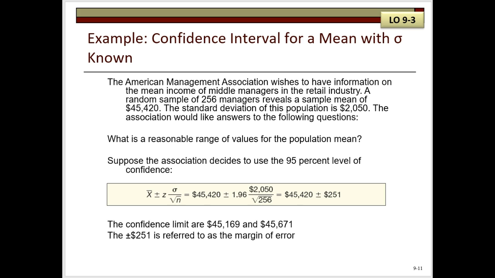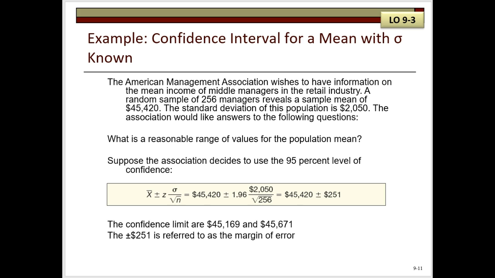In this formula, x bar, the sample mean, is $45,420, and sigma, the population standard deviation, was given as $2,050. Using Appendix B1, as shown in the previous slide, we find the z-value for a 95% confidence level as 1.96. So then we substitute these numbers into the formula.